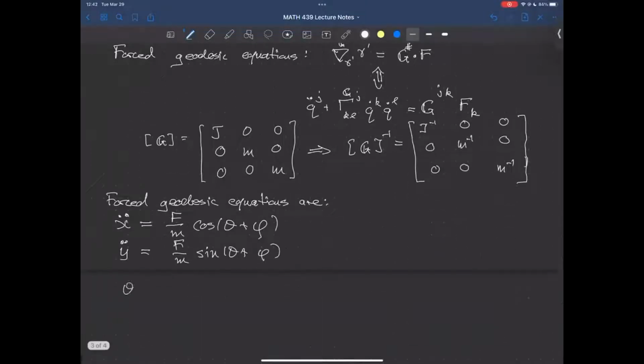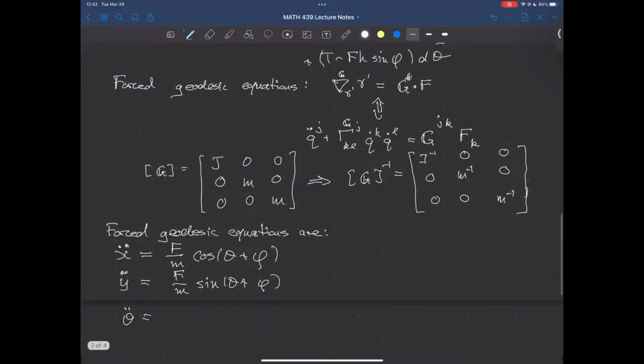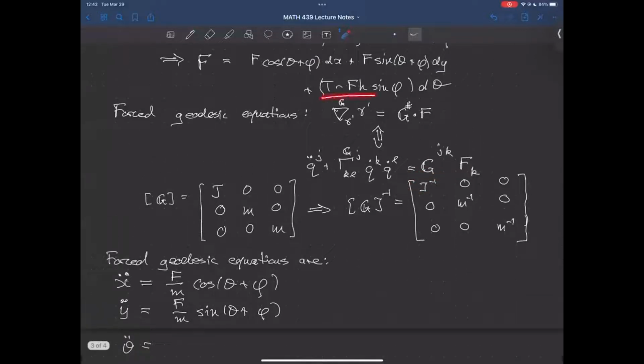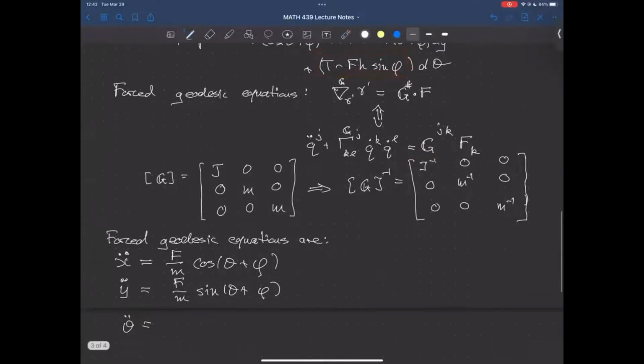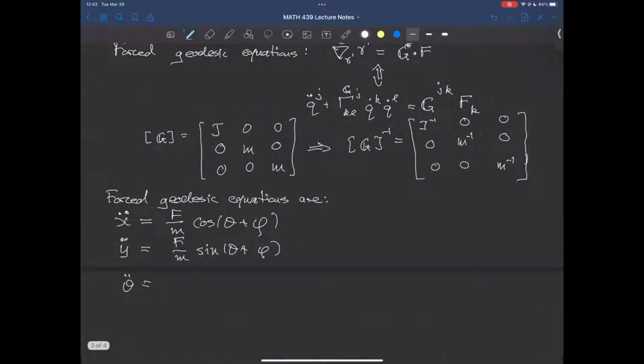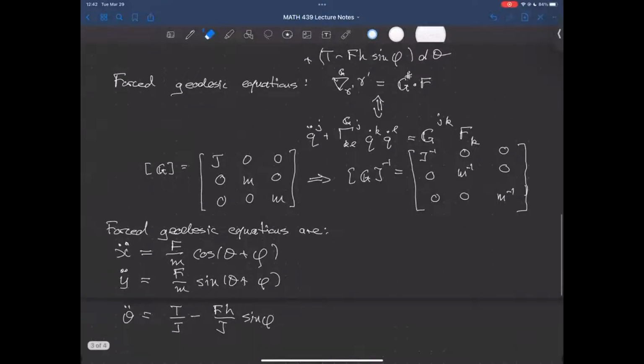And finally, theta double dot is, in this case, going to be 1 over j, because I'm working with the theta component, and then the theta component of the Lagrange force is that. So it is t over j minus f h over j sine phi.